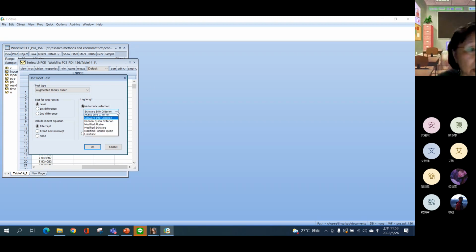Since this is quarterly data, maybe I'll use a maximum lag of 4. And since this is a trend variable, I'm using trend and intercept.